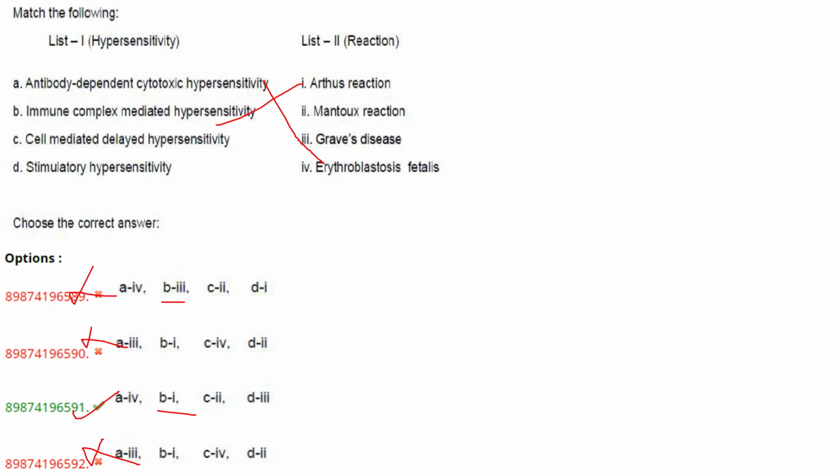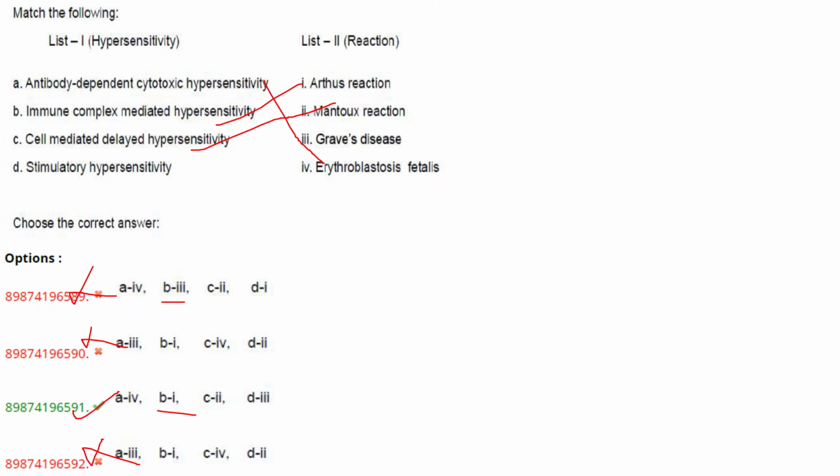So cell mediated hypersensitivity, that is in the case of Mantoux reaction. Then comes the stimulatory hypersensitivity. So stimulatory hypersensitivity you will see in the case of Graves' disease.